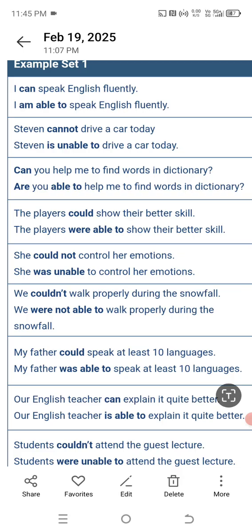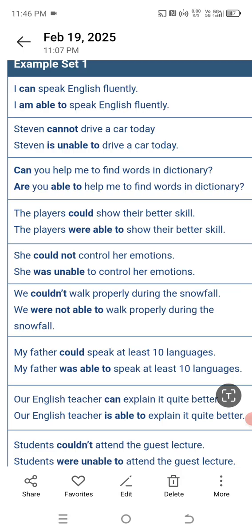She could not control her emotions. Here in the given example "could not" is used, meaning in the exam the suggestion is given in brackets: use unable to. When "cannot" or "could not" comes in the sentence, that time the suggestion in the bracket will be: use unable to.